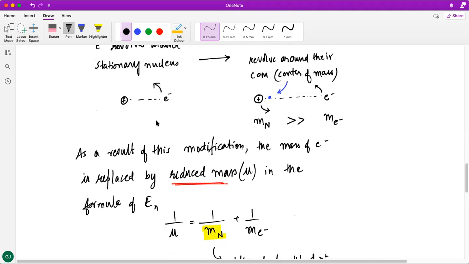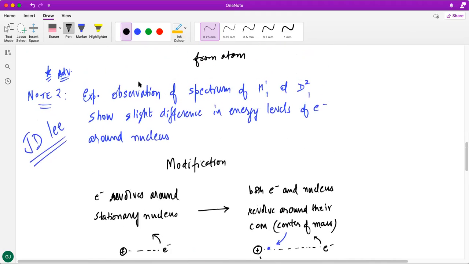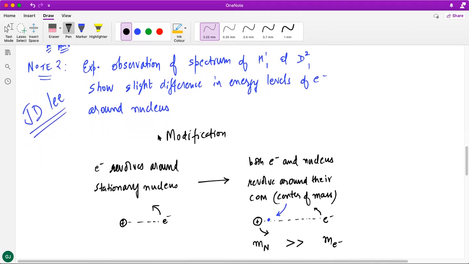However, at that point in time when Bohr's model was evolving, these experimental observations were poking holes in Bohr's model, and as a result, there were certain modifications that got done so as to overcome those and explain those experimental observations.